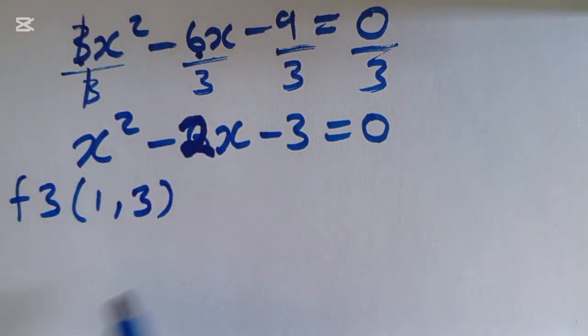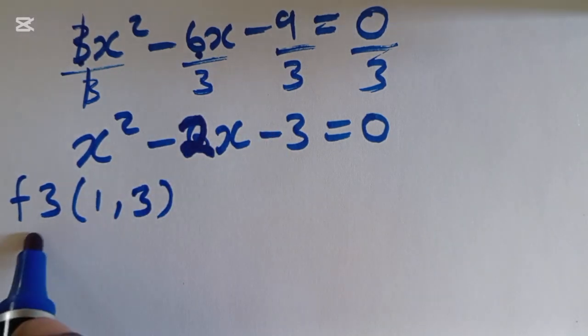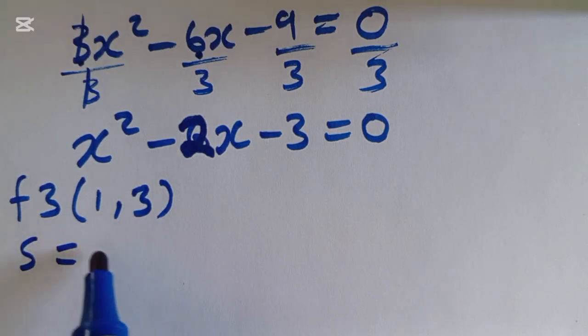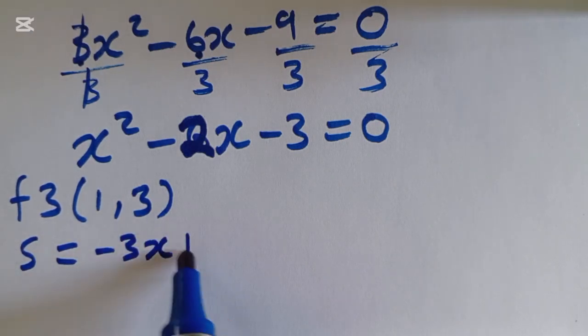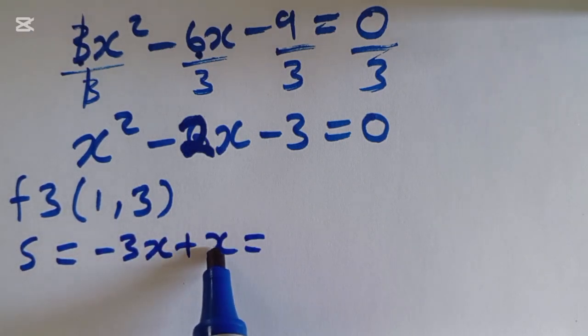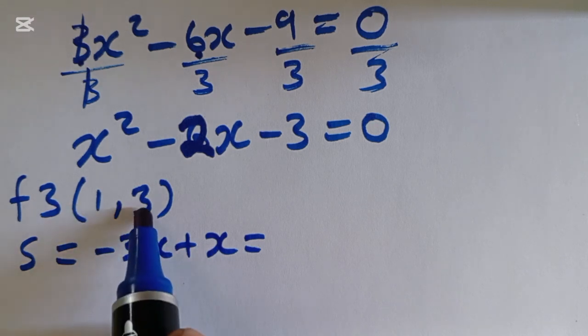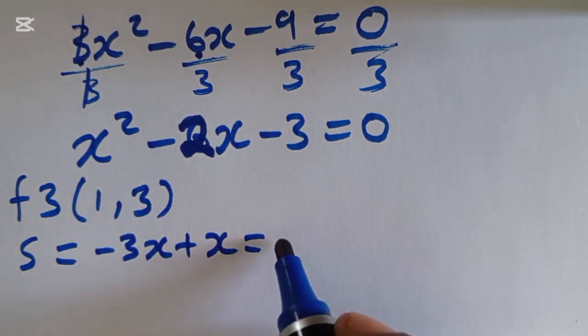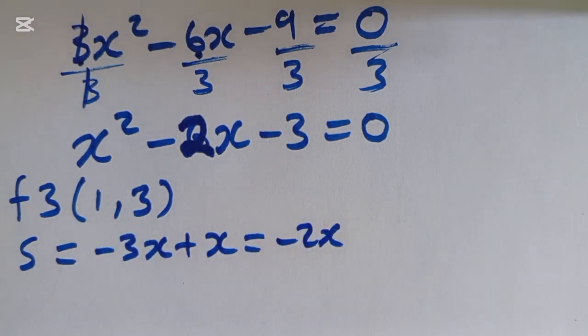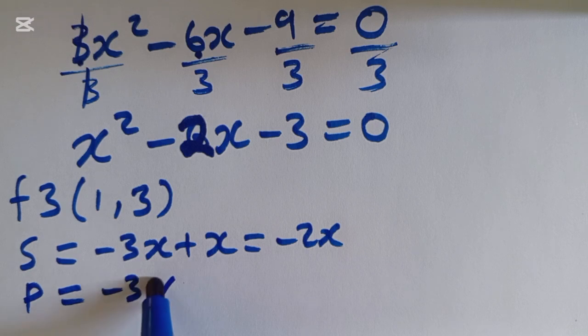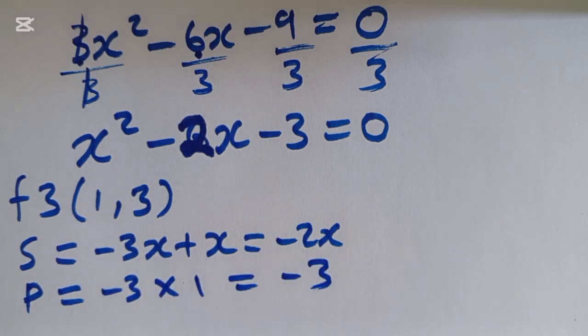When we multiply, we have negative 3. So it will be negative 3x plus x. So this is 1x, which is 1. This 3, that is negative 3. I'm going to have negative 2x. Then the product is going to be negative 3 times 1, which is negative 3.